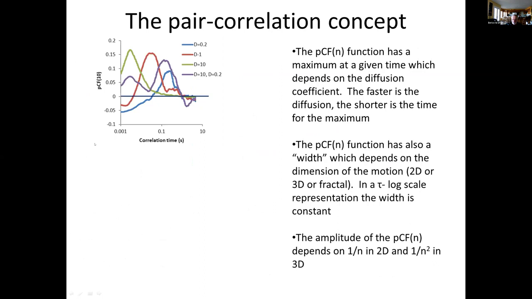So that means the following thing, that if the distance is very small or the diffusion is very fast, the cross correlation will have a maximum at very short time. As the diffusion becomes slower and slower, the point of the maximum will shift. And so we'll go from green to red, eventually to blue, when it's very slow.